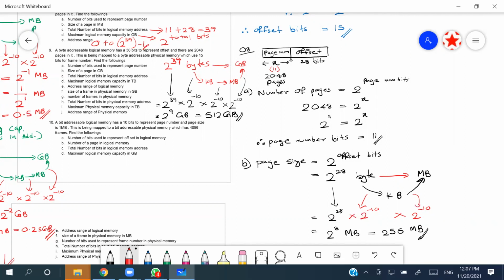Has everyone done the 9th question? Who has not? Who has not tried the 9th? The 9th is kind of a big one because it is a question which talks about mapping from the logical memory to physical memory. Who has not tried it yet?